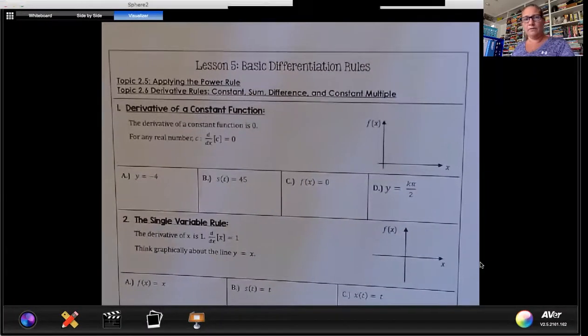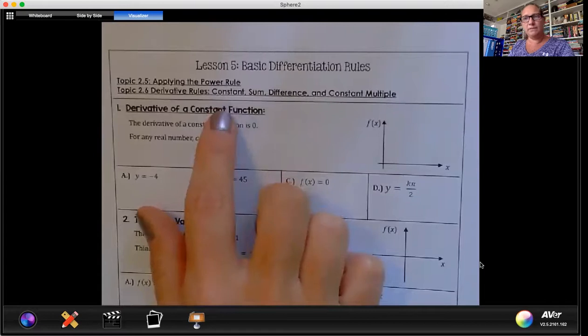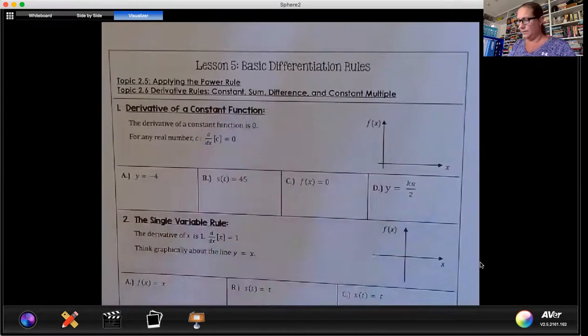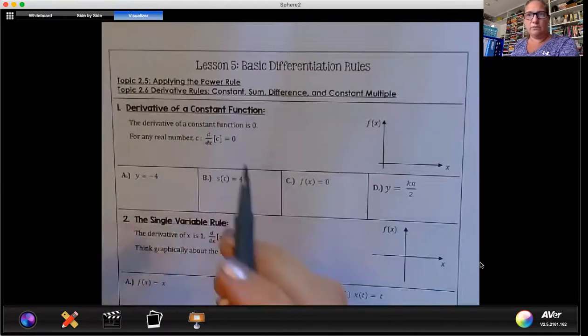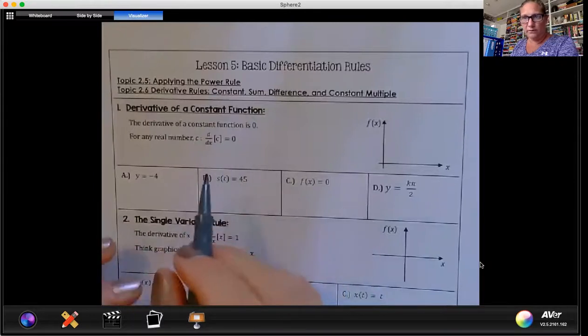Now, I am not overly concerned that you necessarily know the names of them, but how to use them is important. The derivative of a constant function is 0. That is basically telling you the derivative of any number with no variable is 0.